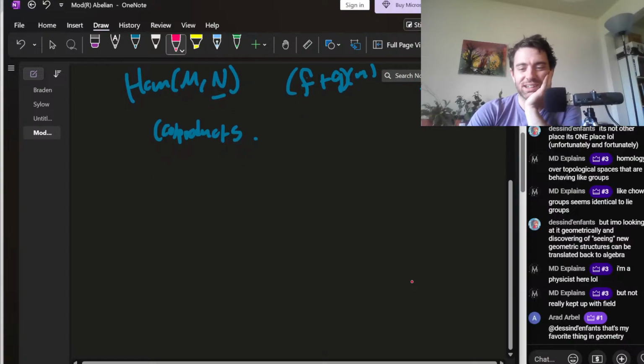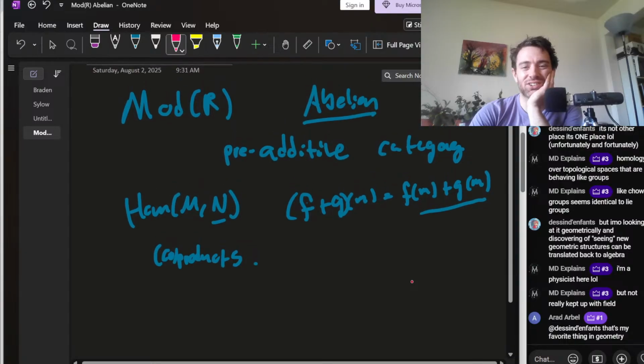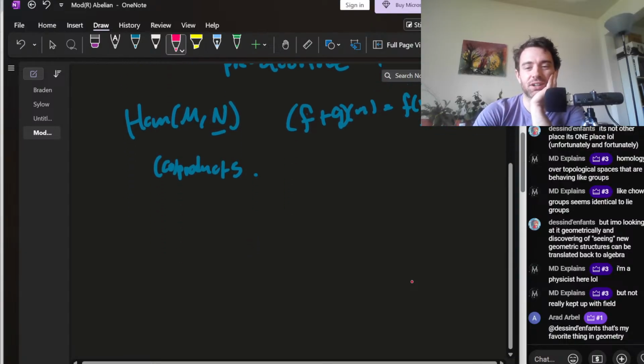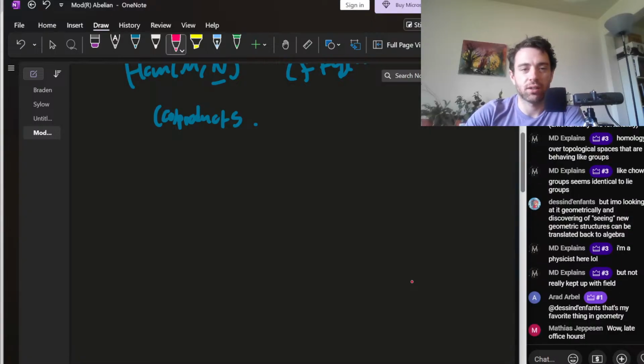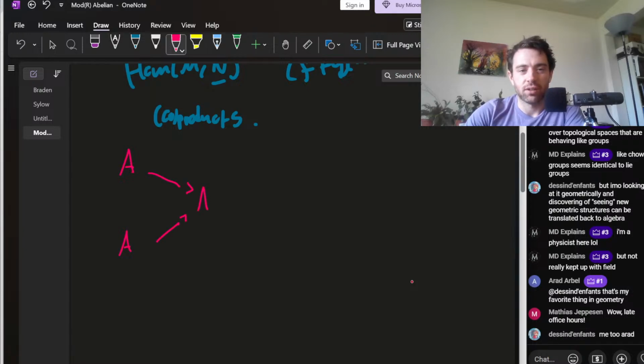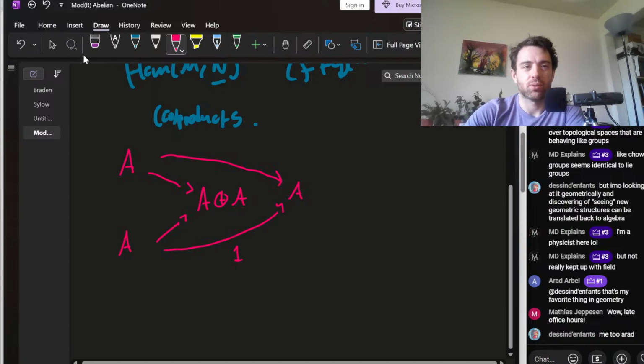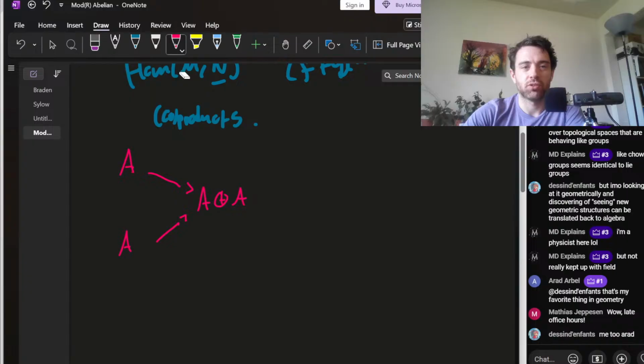But getting back for a moment to this other thing. If you have a category that has finite products and coproducts, then you can define, if we take any object and we take its coproduct, and we take the identity maps here, oh, let me give myself a bit more space.